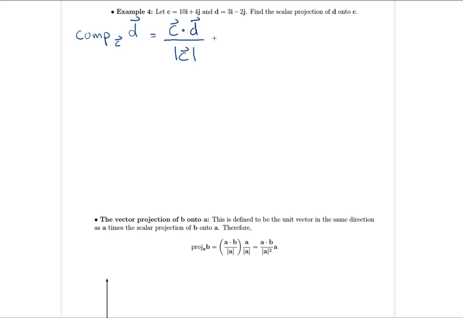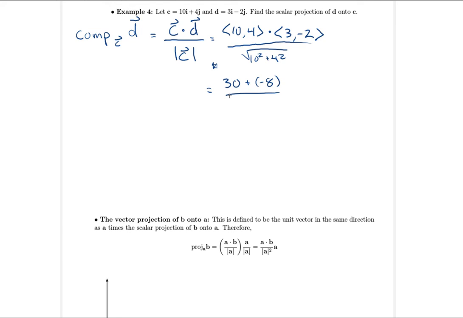Okay, so we can write this out on top, right? So we've got (10, 4) dotted with (3, -2). That's all divided by the magnitude of C, so the square root of 10 squared plus 4 squared. So that's going to be equal to 30 plus -8, all divided by the square root of 116.